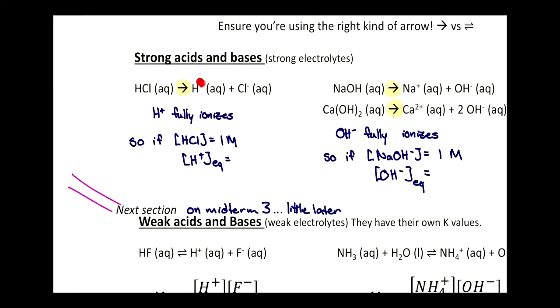No, it actually exists as H plus and chloride minus floating around in solution. So this fully ionizes when you drop a strong acid into solution. So that means if I tell you, okay, you have an HCl concentration and it's 1 molarity, that means the H plus concentration at equilibrium is also 1 molarity because it fully ionizes. That's the assumption we're going to make with strong acids and strong bases, that these things fully ionize, right? And then we're just one step away from calculating the pH.